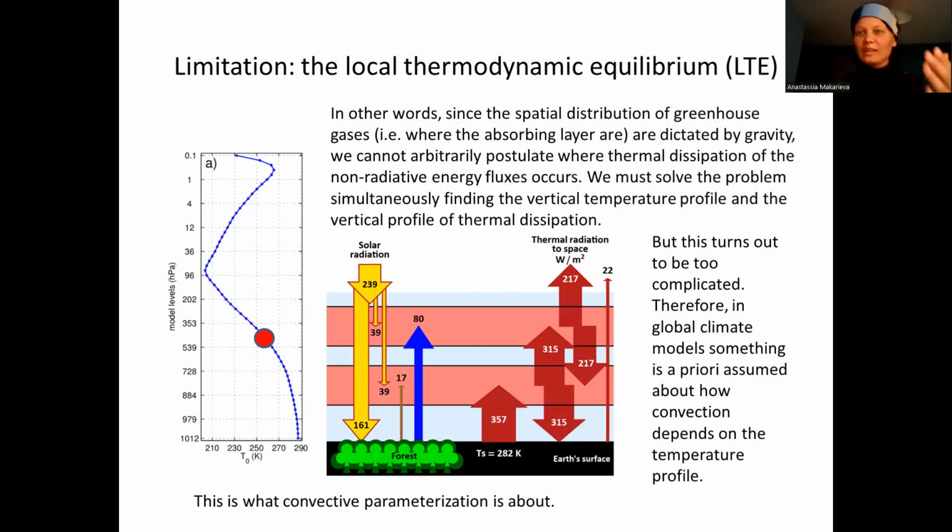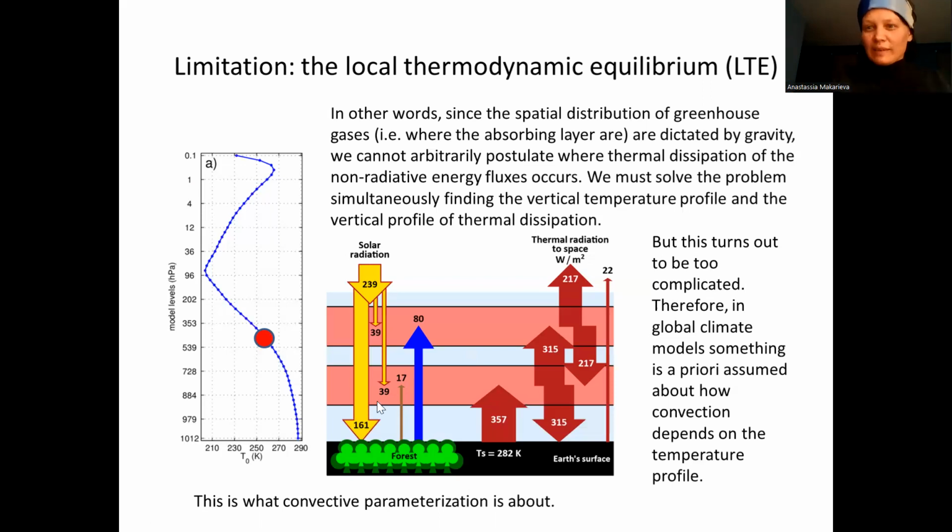Everything has changed because of convection, which brings more heat to all layers. And so we have a problem: we need to calculate everything simultaneously. We need to know how much these greenhouse absorbers emit and where.